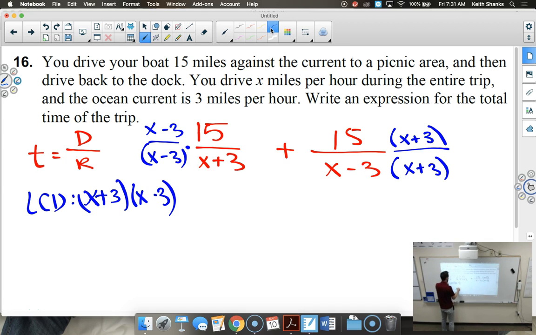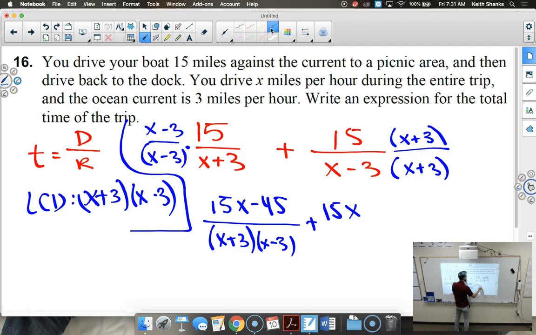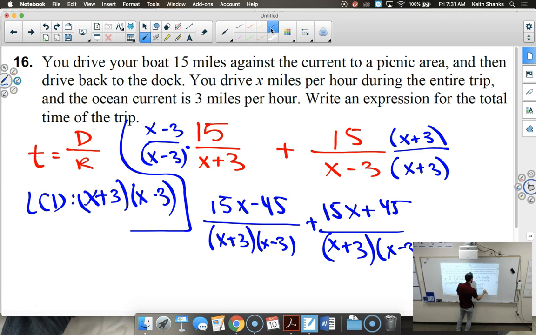So I end up doing all this, so you multiply out. On the top of the left here, I've got 15x minus 45 over x plus 3, x minus 3. Plus, on the right side, 15x plus 45 over x plus 3, x minus 3.